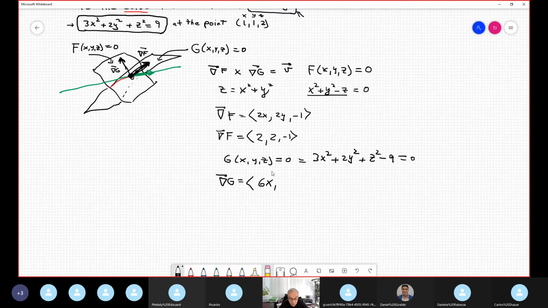Partial derivative with respect to y is 4y. Partial derivative with respect to z is 2z. And you evaluate at the specific point, the point 1, 1, 2. Entonces 6, 4, and 2 times 2 is 4. Okay, I have this vector.